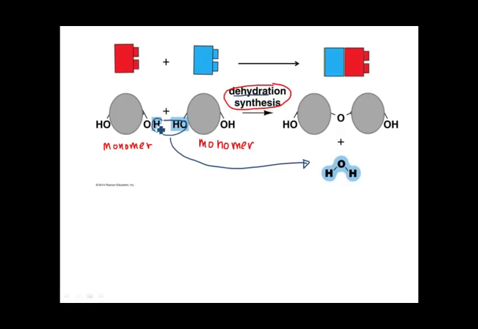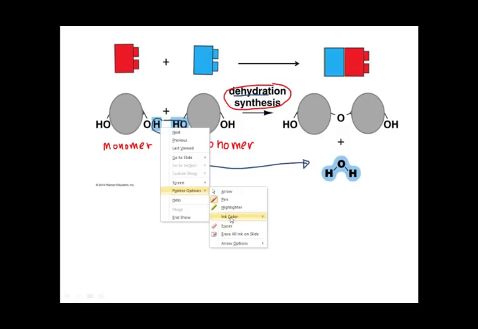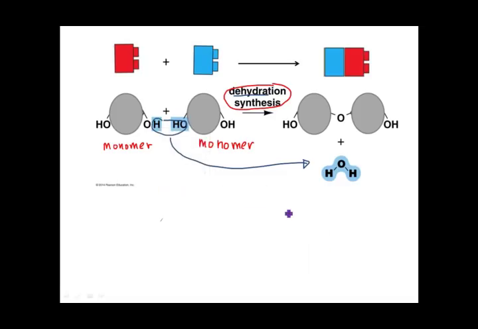When this hydrogen and this OH group come off, then a new covalent bond is going to form between this oxygen of the first monomer and the other monomer. So we're going to be making a new bond here, and that's what is shown here.